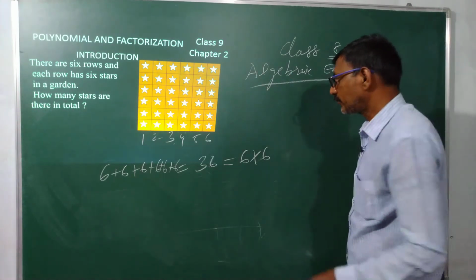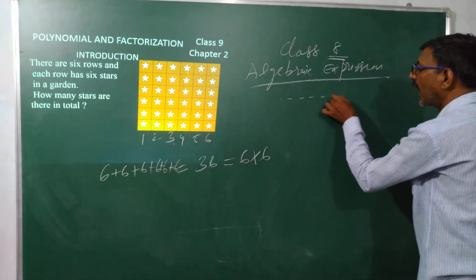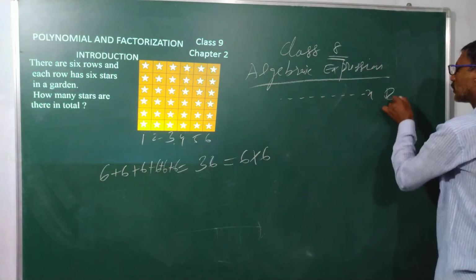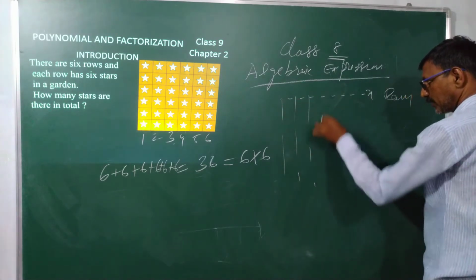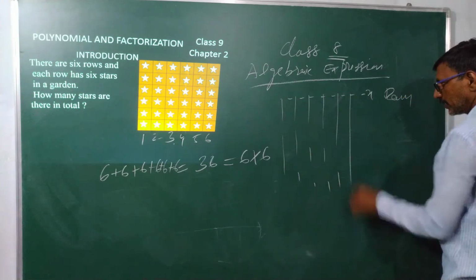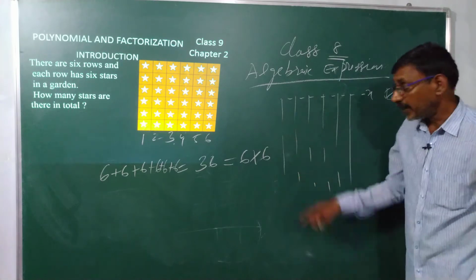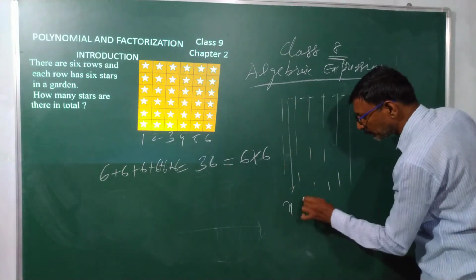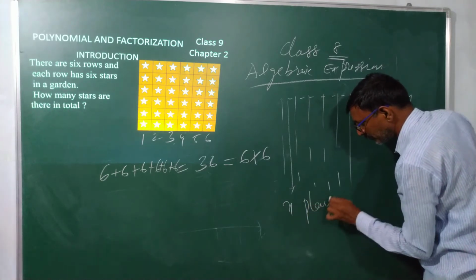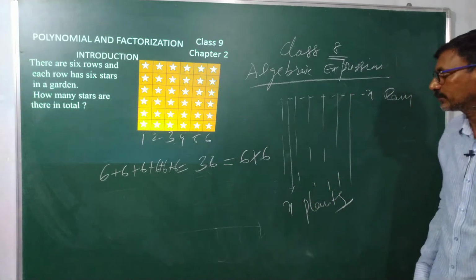Suppose I have x rows, and in each row I have x plants in a garden.